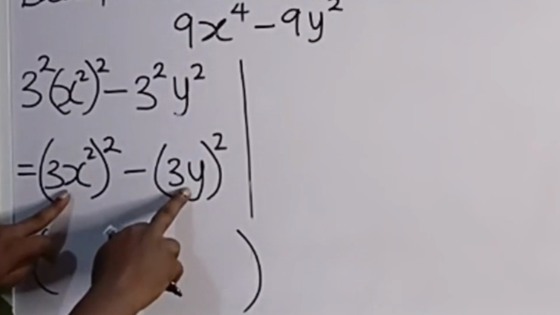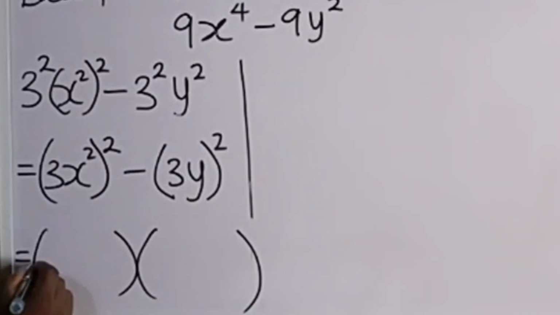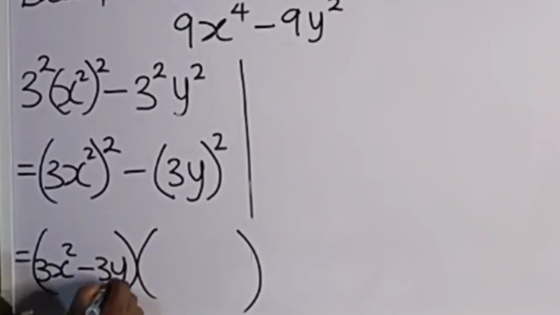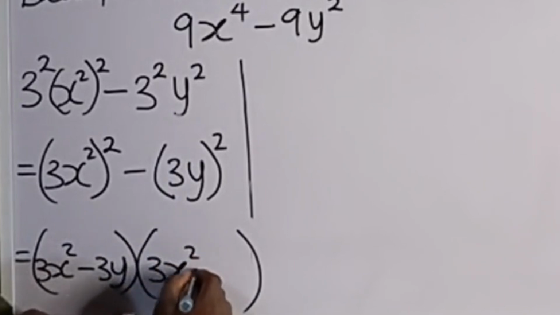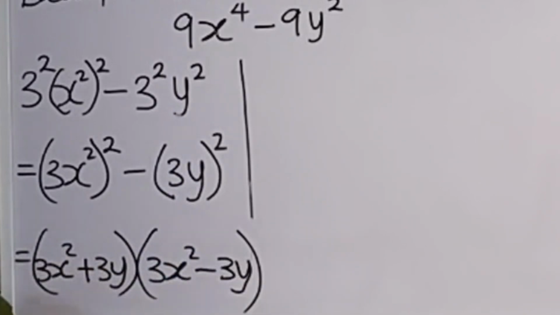I will bring these 2 into one parenthesis, 3x squared minus 3y. In the second parenthesis, 3x squared plus 3y. So we have been able to factorize this to become this.